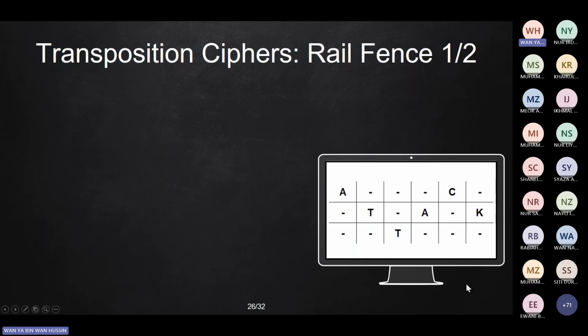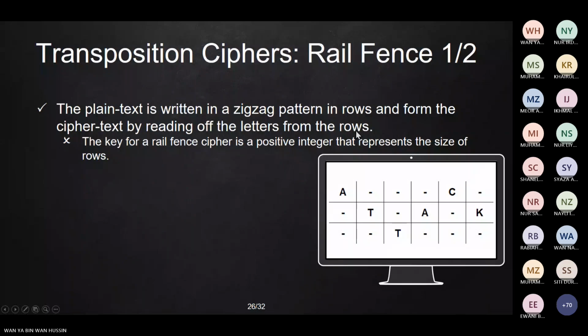Now the second transposition cipher: rail fence. What we will do is create a table like this one, and then we write zigzag.